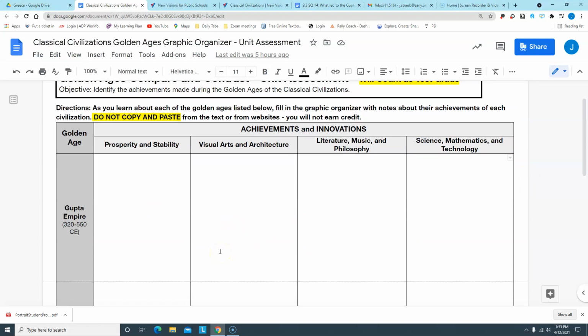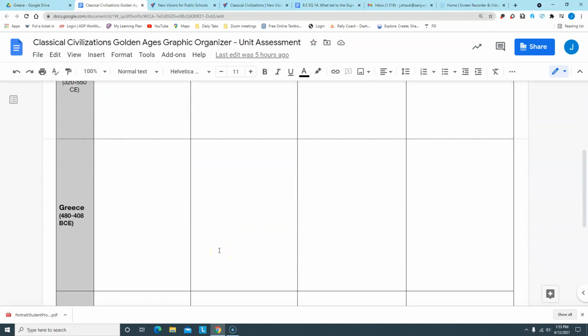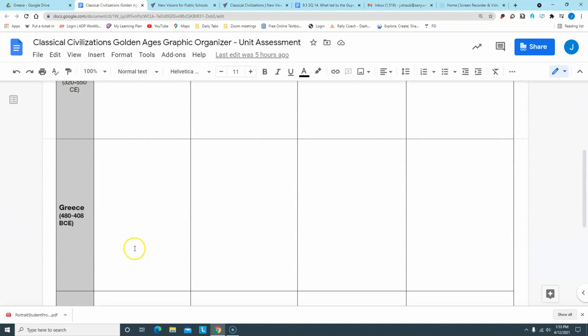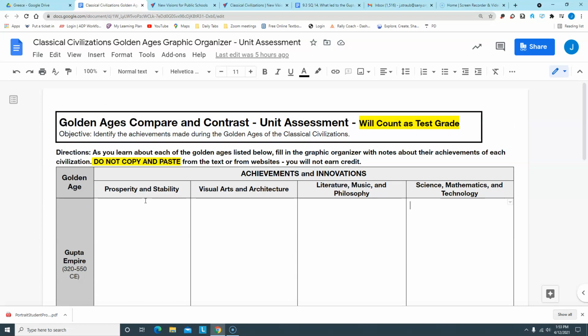You're going to repeat this process with the next two lessons on Greece and Rome. And using the Edpuzzles, using your notes, you can pause the Edpuzzle that you're in, fill in the chart as you go along. It will just save you a lot of time. That's a really smart way of working on things. All right, so take a moment now, open up this chart in Google Classroom.